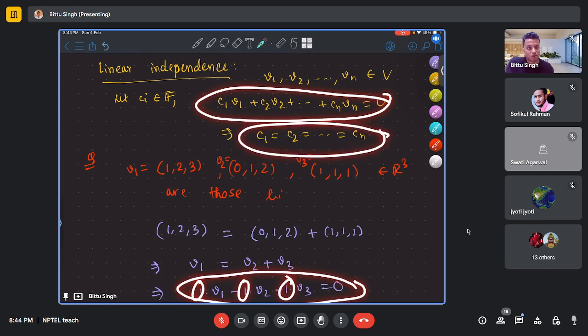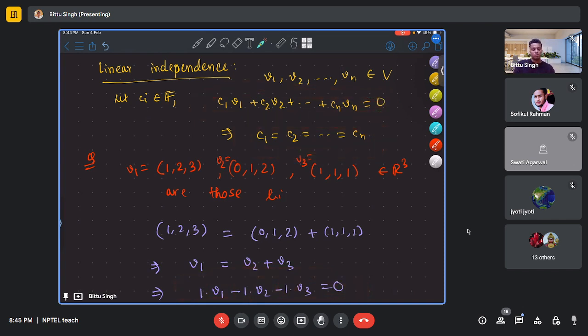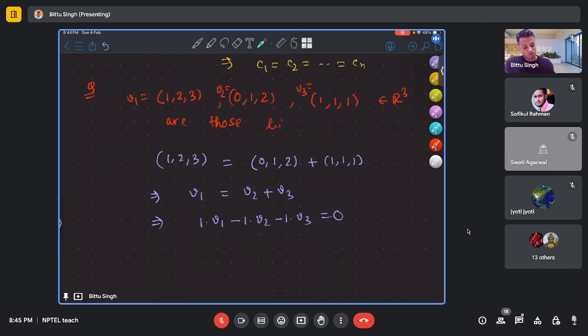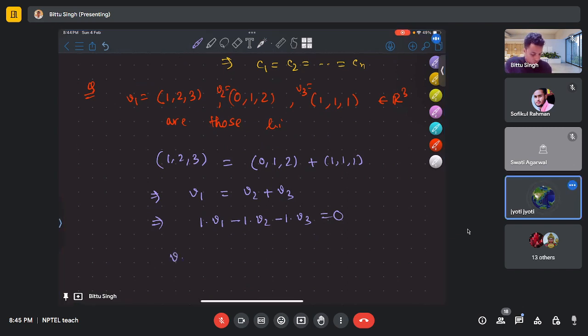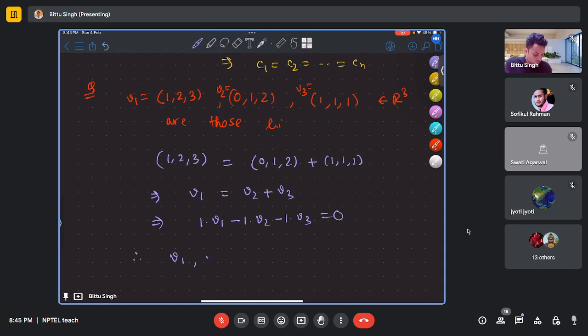So v1, v2, v3 are not linearly independent. What will you say for this? They are linearly dependent. Yes, therefore v1, v2, v3 are linearly dependent.